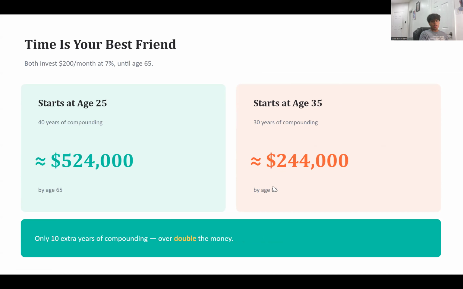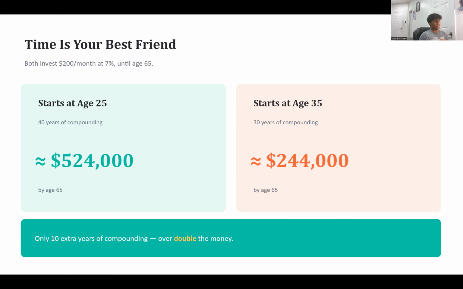So next, time is your best friend. Here's the part that really matters, time. Let's compare two people both investing $200 a month at a 7% return until the age of 65. Person A starts at age 25. That's 40 years of compounding. By 65, they'd have roughly $524,000.